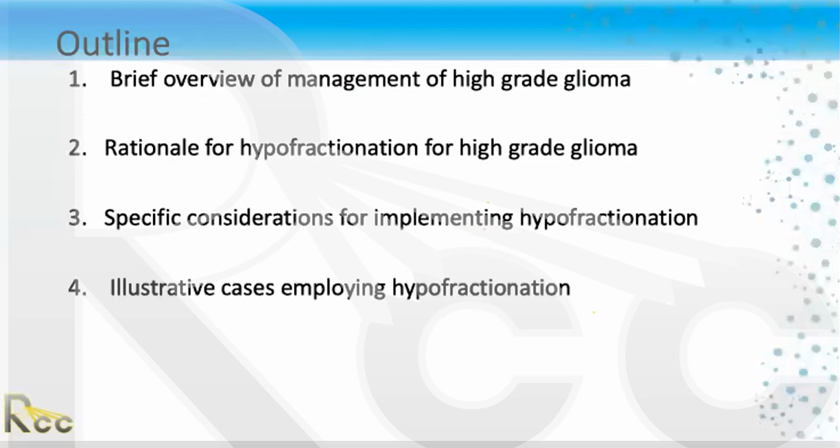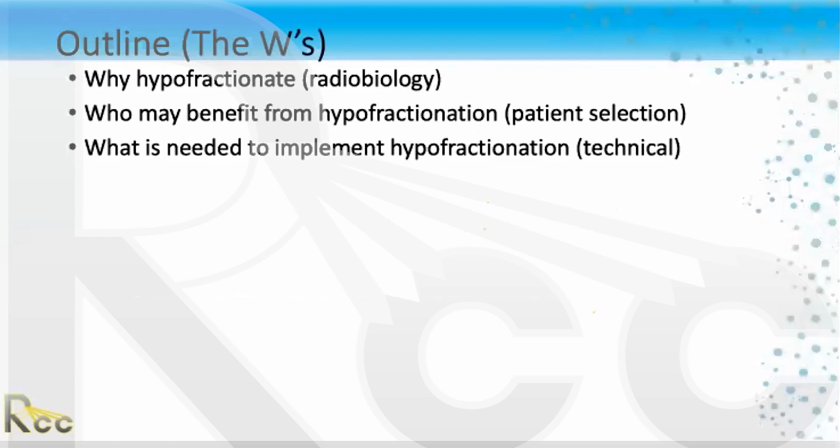The outline will include a brief overview of management of high-grade glioma, the rationale for hypofractionation, specific considerations for implementing hypofractionation, and a few example cases employing hypofractionation. I also would like to frame the outline as the whys when introducing something novel, perhaps to a practice.